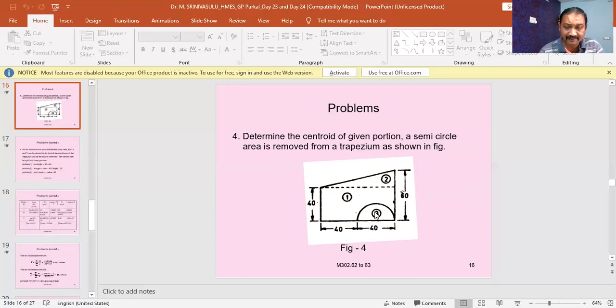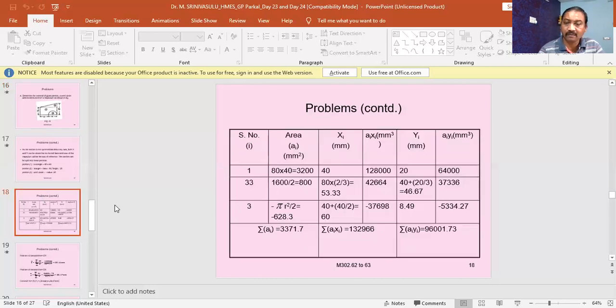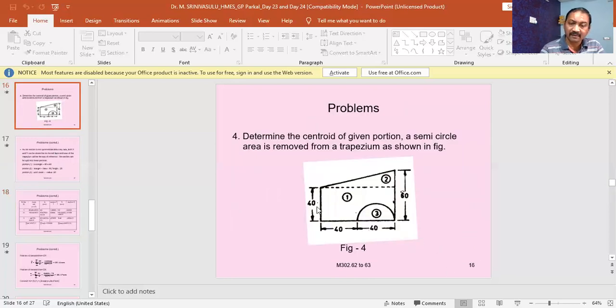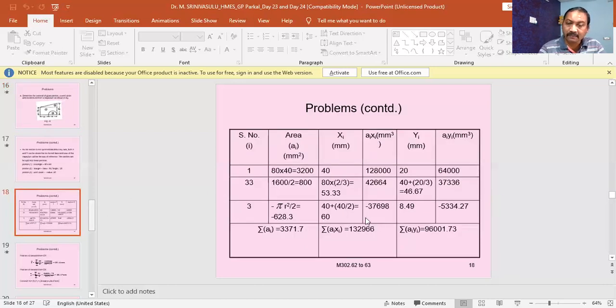X3 is equal to, from here, it is becoming 40 plus 40 by 2. So x3 means from this point. This is 40 and this is 40 by 2 from this axis, this point. So 40 plus 40 by 2.